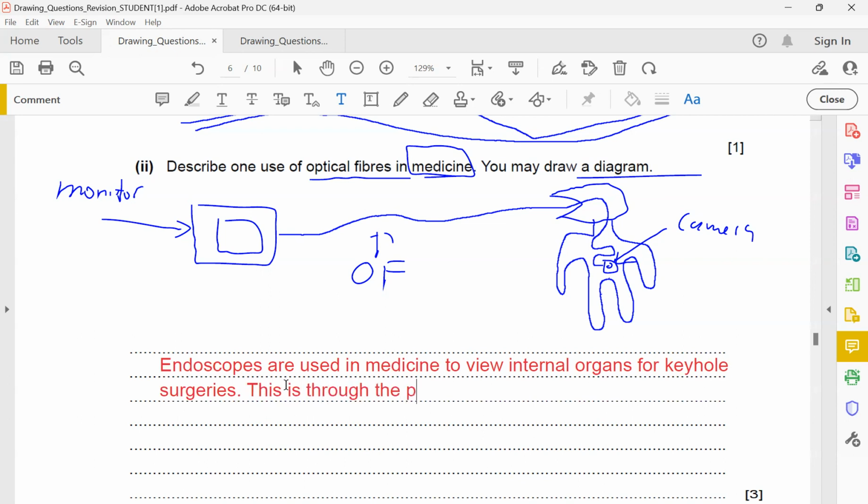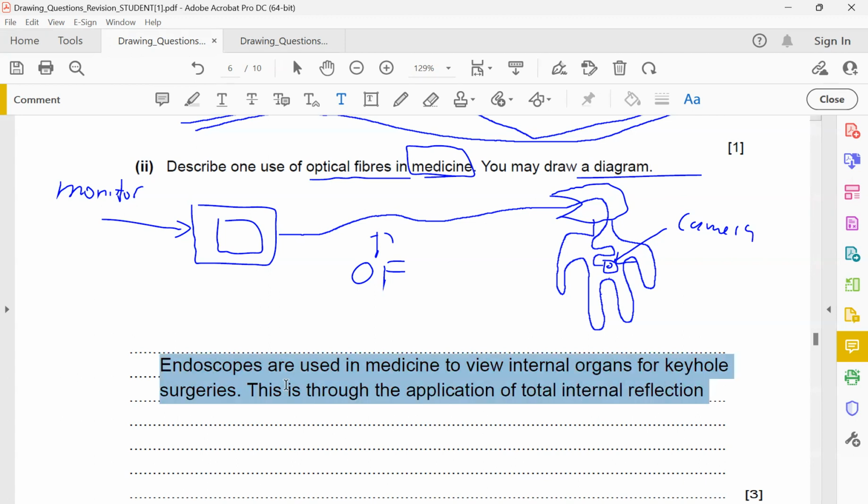Something along these lines, and you get the 3 marks. I see this answer come out quite a lot in the mark scheme, so I always include it. Just add one more word only.